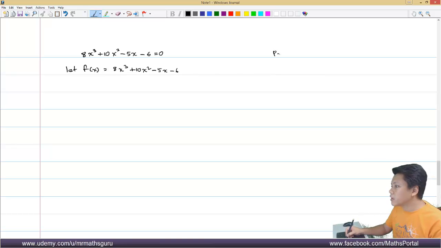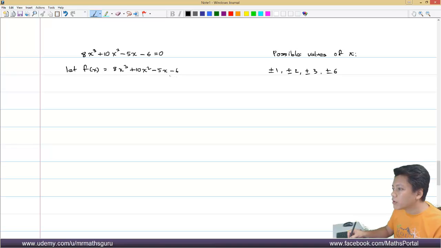So some possible values of x could be plus minus 1, plus minus 2, plus minus 3, plus minus 6, looking at the value of minus 6 here. So these values are some of the factors of minus 6, as a few of these numbers multiplied together can become minus 6. So those are some possible values.